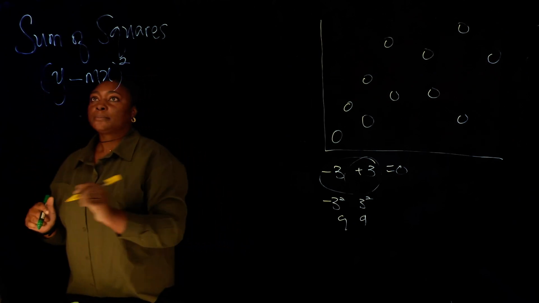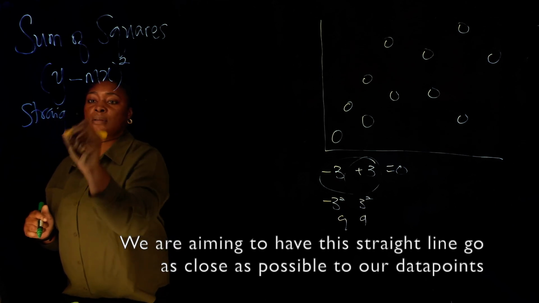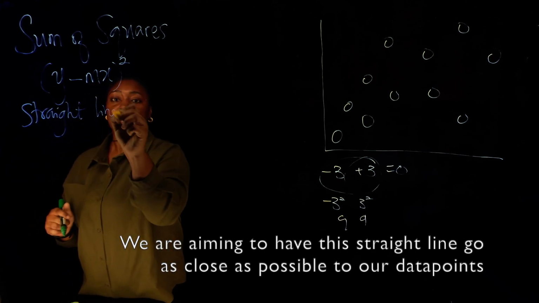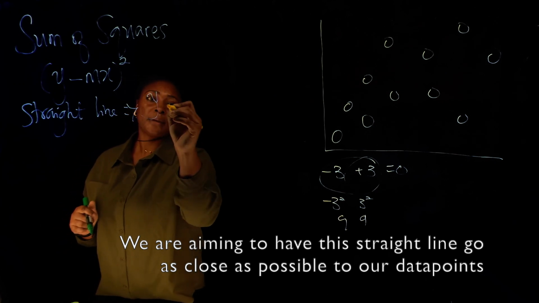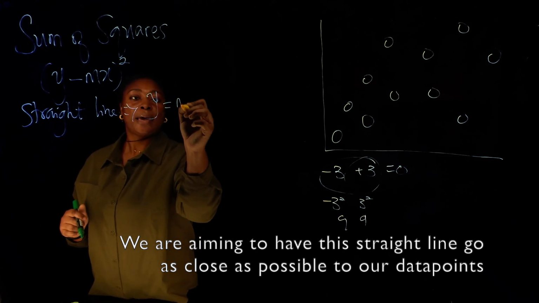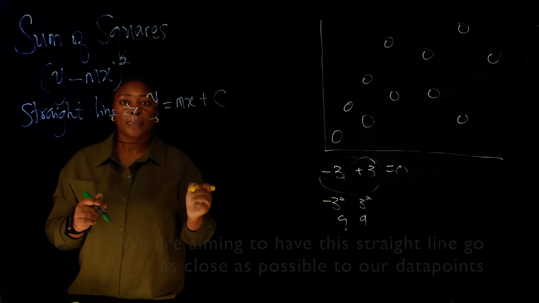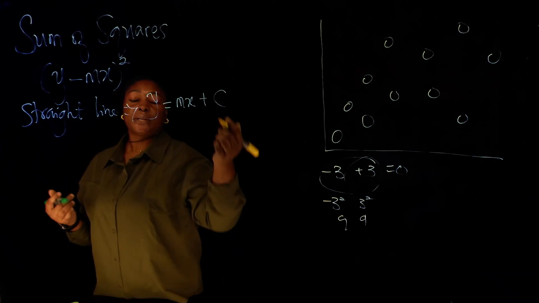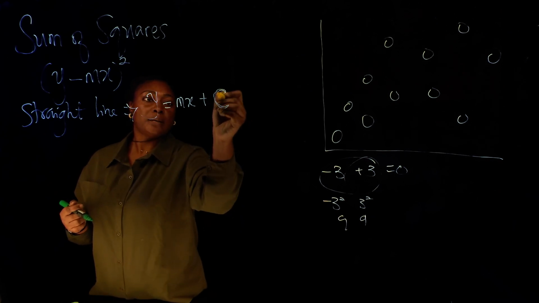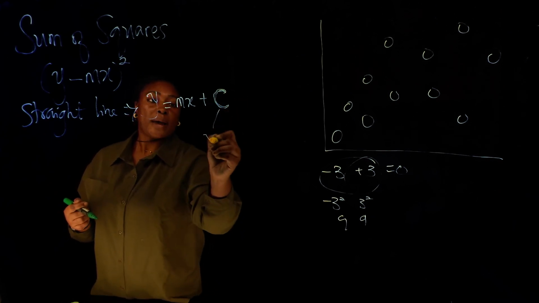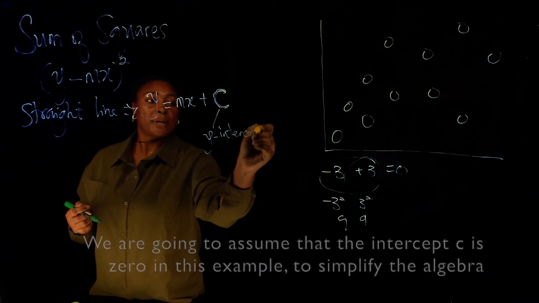Now, remember that the equation of a straight line is y equals mx plus c. In some textbooks you might see b, some you can see k, but remember that this c means the y-intercept.